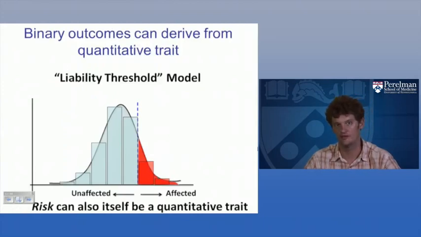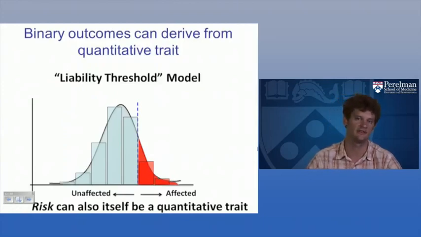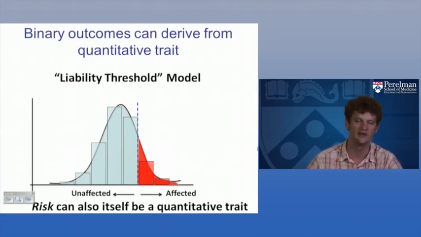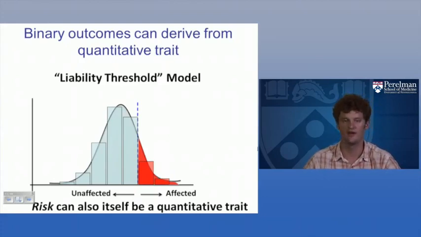Okay, and I mentioned that this doesn't have to apply to quantitative traits. Risk itself can be the quantitative trait. One example was with risk of diabetes, right? So you either have diabetes or you don't have diabetes, but your risk can be a result of your underlying genetic constitution.